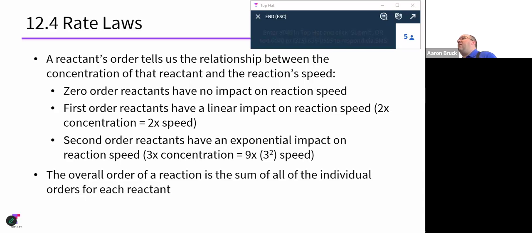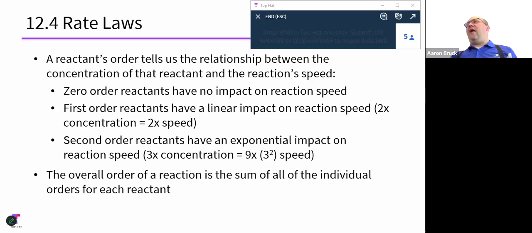When we describe a reactant as being first order, what I want you to think about is a linear relationship. What I mean by that is if we double the concentration of that reactant, we would expect that the reaction speed would double as well. If we triple it, we would expect the speed to triple. If we cut it in half, we would expect the speed to be cut in half as well. It would take twice as long.